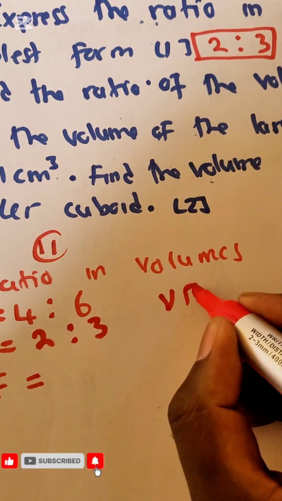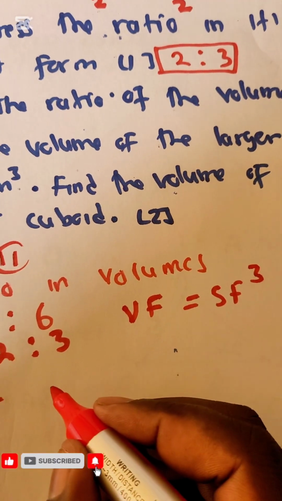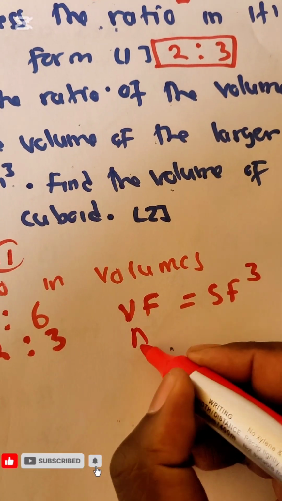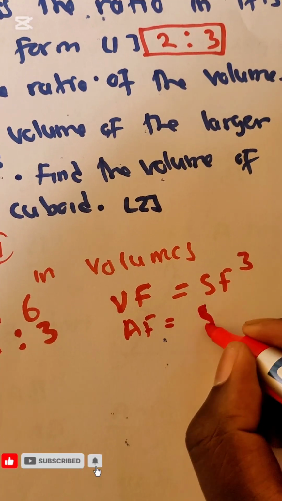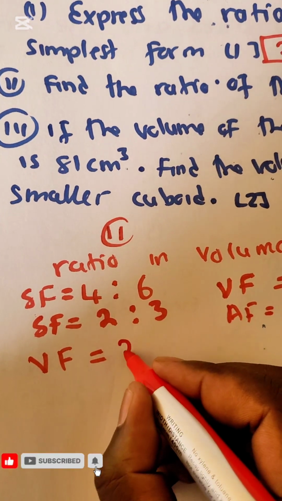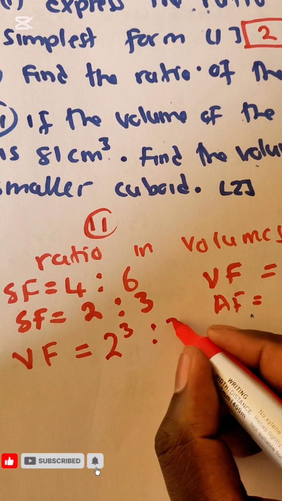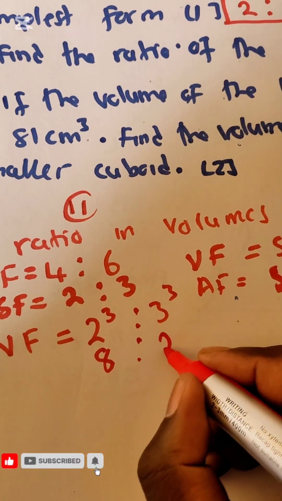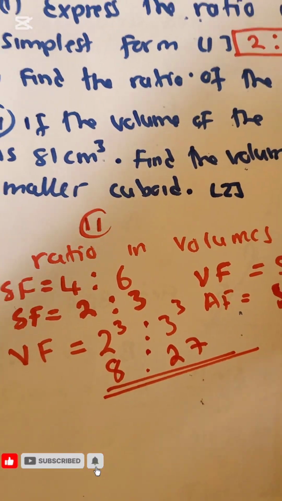Volume factor is equal to scale factor cubed. Then area factor, just in case you're asked to find it, is scale factor squared. So for the volume factor we're going to cube 2 to 3, so 2 cubed to 3 cubed. So we do get 8:27. That's the ratio of their volumes.